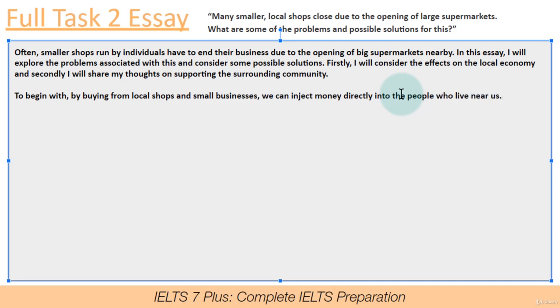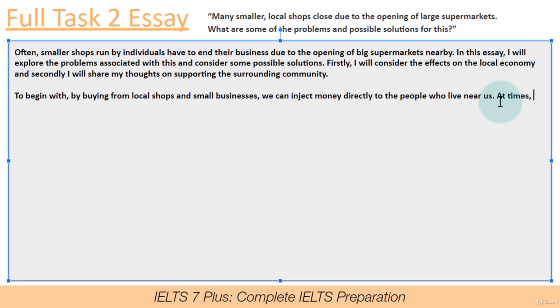I'm just trying to avoid repeating myself too often. So probably a slightly strange way of saying we can inject money directly into the local economy, but I feel like I might say this often. So I'm trying to think of, whilst writing, different ways to say local economy. Let's read this back. To begin with, by buying from local shops and small businesses, we can inject money directly into the people who live near us.